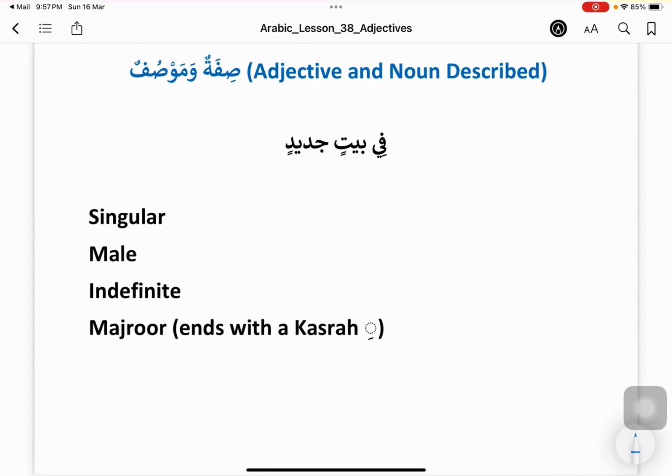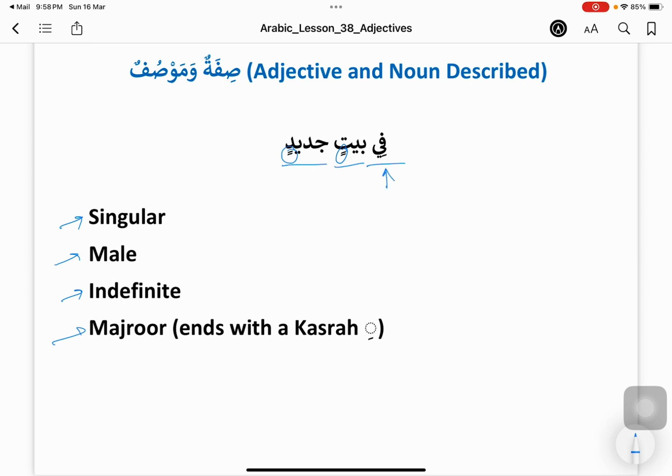If we put fi and we remove the al from in front of the bait, we get fi baitin jadidin. Singular, male, indefinite: baitin jadidin, in a new house. Majroor, both of them have kasra.